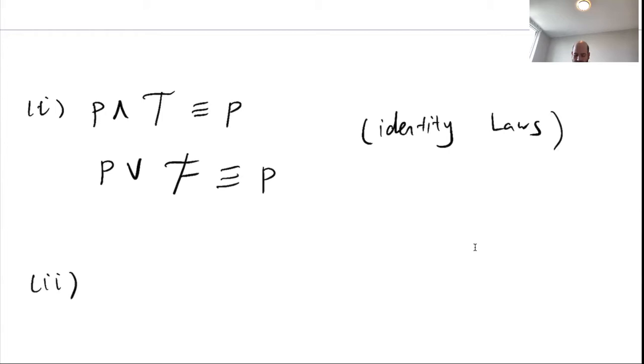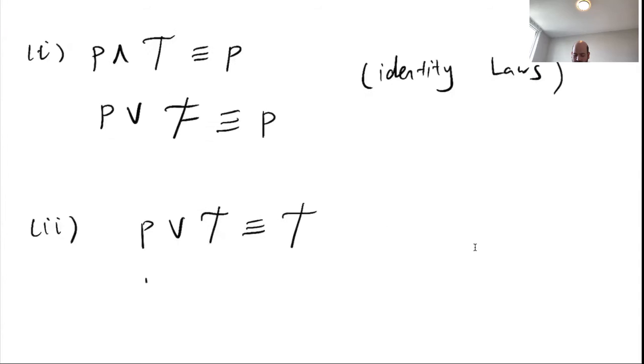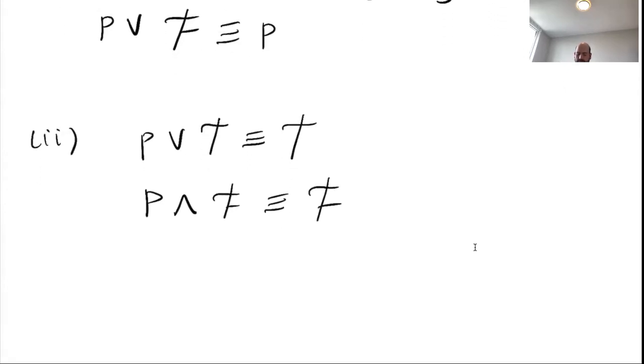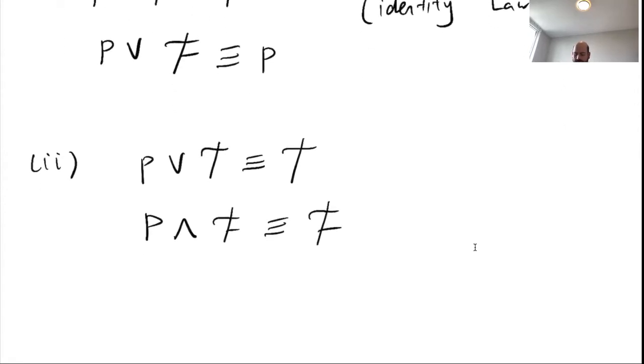Or for example, P disjunction the tautology is logically equivalent with tautology. P conjunction with contradiction is logically equivalent with contradiction. These are called the domination laws.